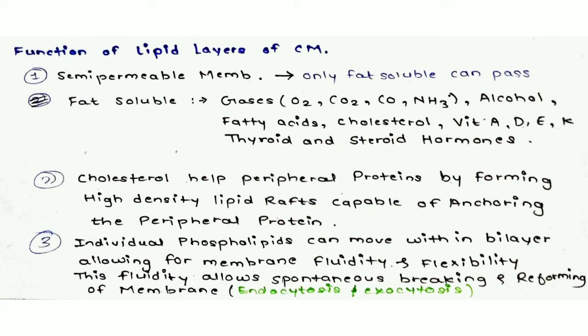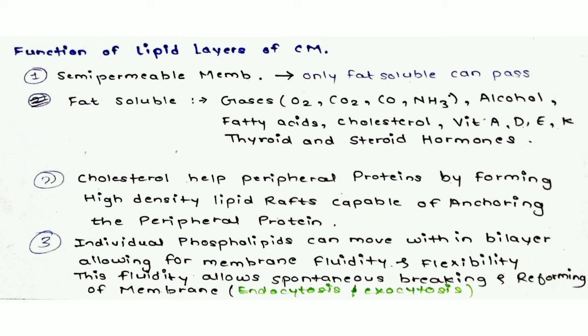of the cell membrane. The second function is of cholesterol helping peripheral proteins by forming high density lipid rafts capable of anchoring those peripheral proteins. So what is a peripheral protein? I will discuss this in detail when we discuss the proteins of the cell membrane.